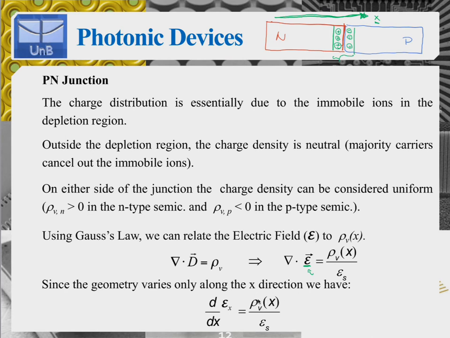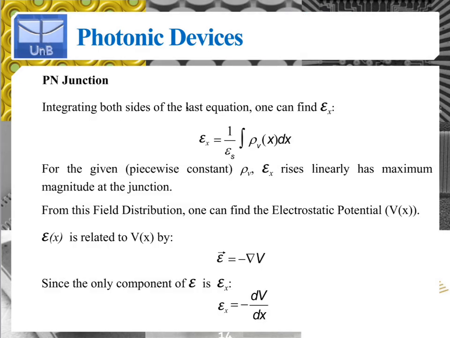This is the volumetric charge density as a function of x, and you have dEx/dx, the x component of the electric field. If we integrate both sides of the equation, we can find the x component of the electric field.